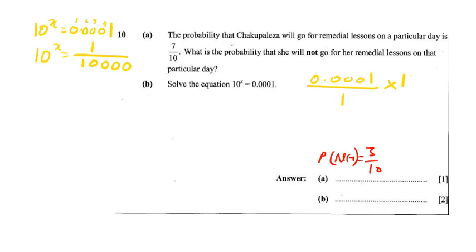So you say 10000 over 10000. When you move the point, each move cancels a 0, and after four moves you are going to remain with 1. Now 1 multiplied by 1 will be just 1, over 1 multiplied by this, which is 10000.